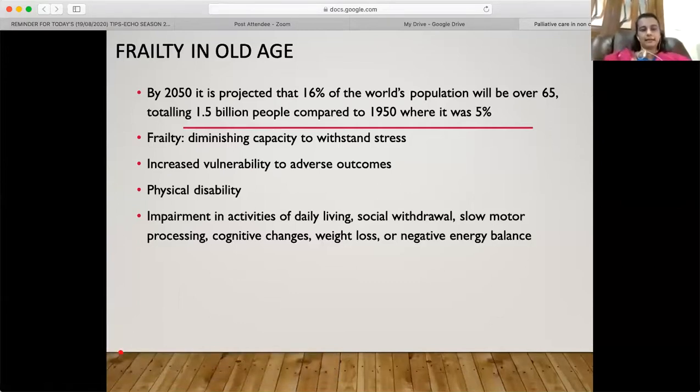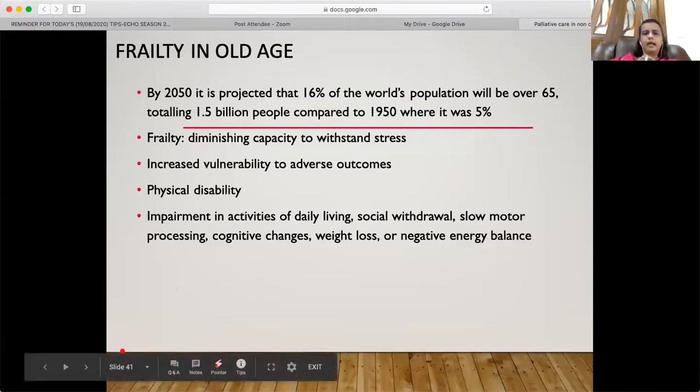Obviously, the disease conditions will also change, and there's a natural progression of old age called frailty, where they have a diminished capacity to withstand stress. When you're very frail, there's increased vulnerability to adverse outcomes. They are also physically disabled, and can have impairment in activities of daily living, social withdrawal, slow motor processing, cognitive changes, weight loss, or negative energy balance. All these can be seen as a natural process in the elderly.